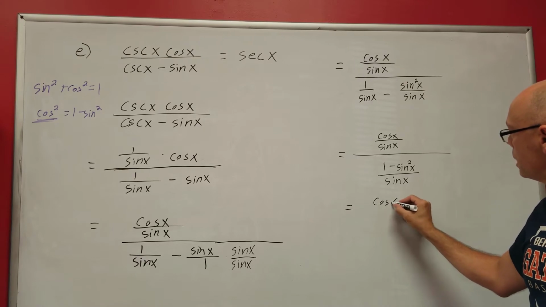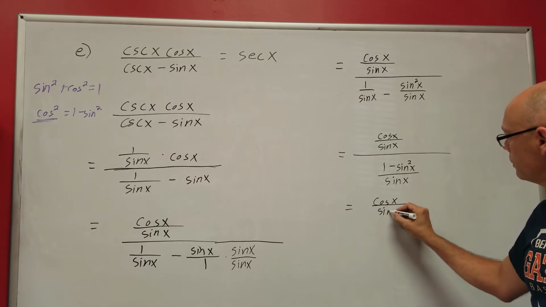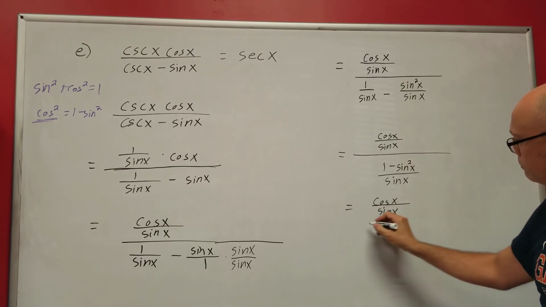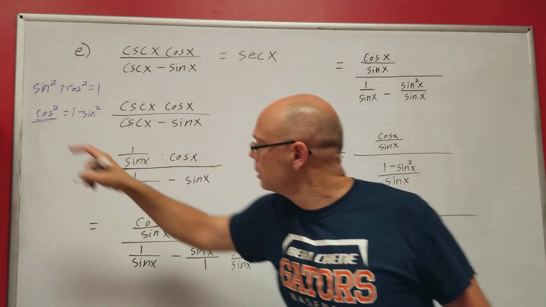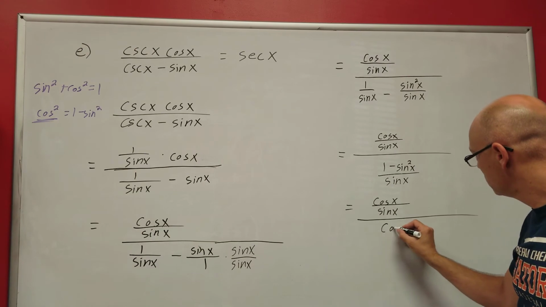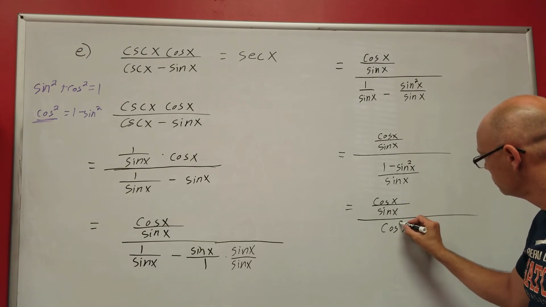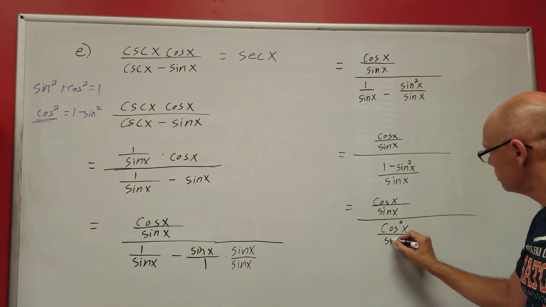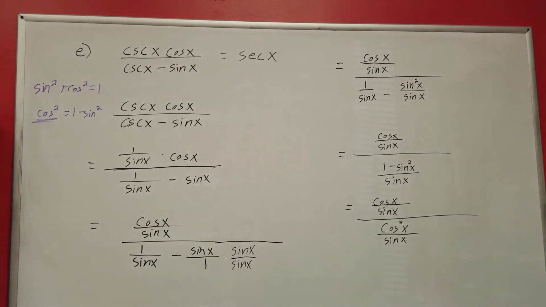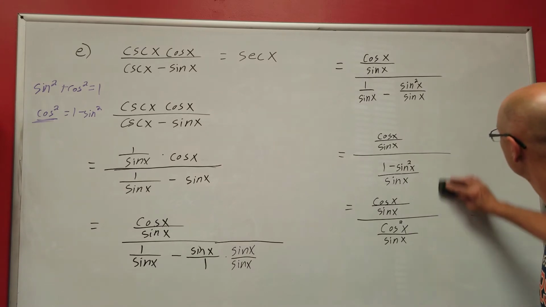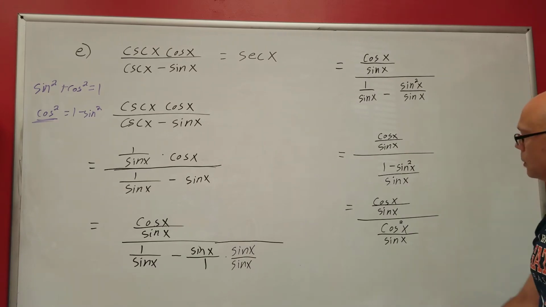So that's the cosine of x over sine of x comes down right here over, we said we're going to replace that with what? Cosine squared. Be sure you put your x in it. Over sine x. All right.